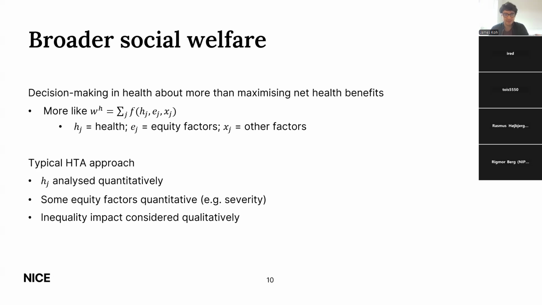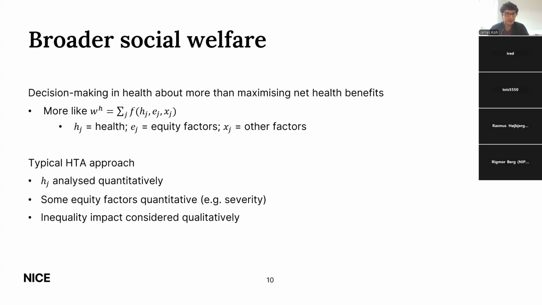So things like the innovation of a particular intervention might be of interest, and the unmet needs of that population, which are health related but not explicitly their measured health.